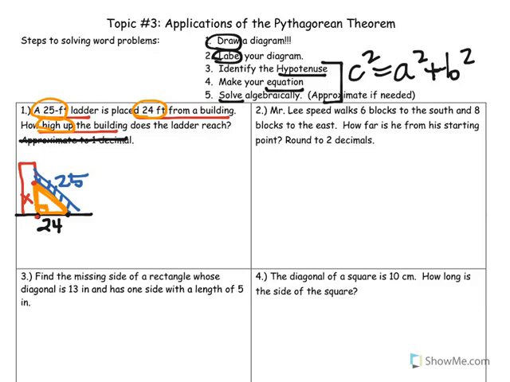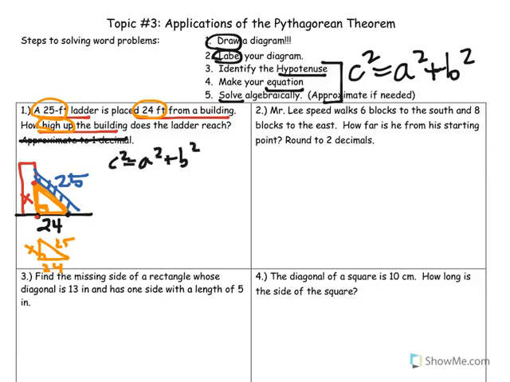So really, I'm looking at this triangle, where the hypotenuse is 25, one of the legs is 24, and I'm finding the other leg, okay? So we can use c squared equals a squared plus b squared, and we can solve.